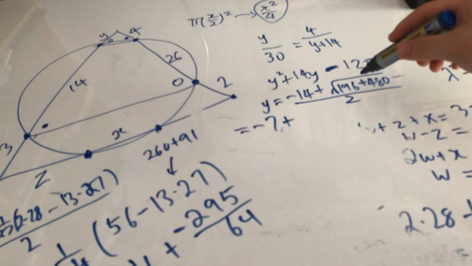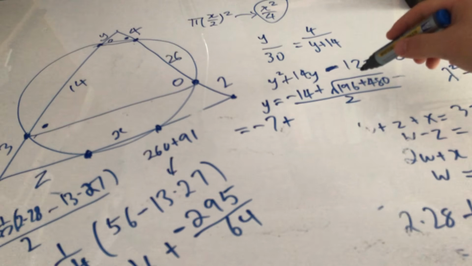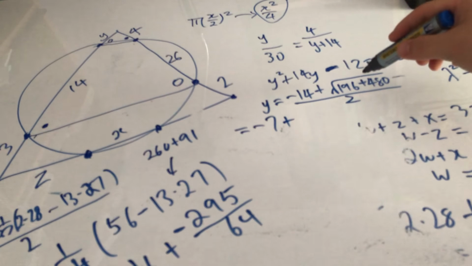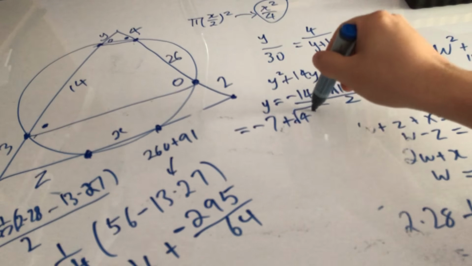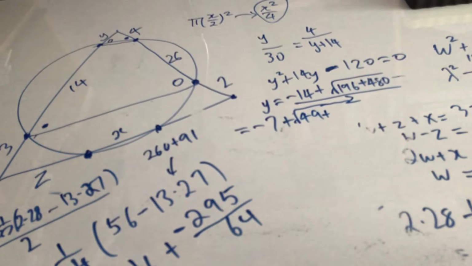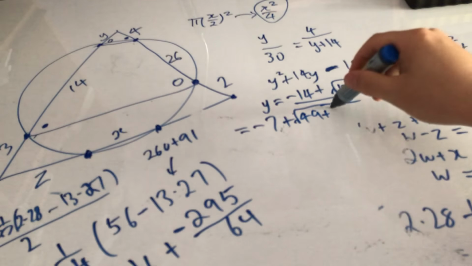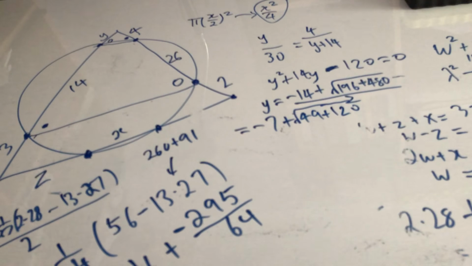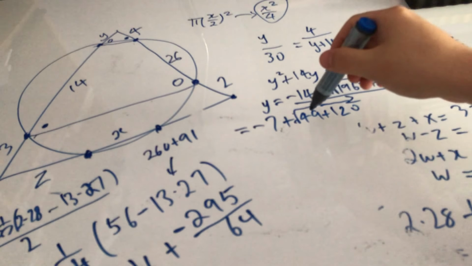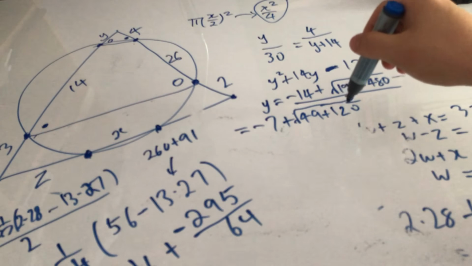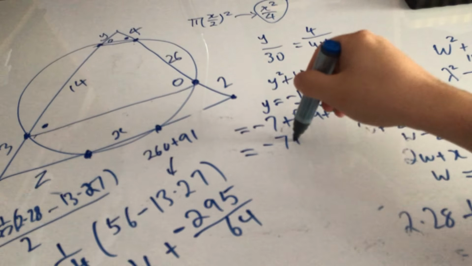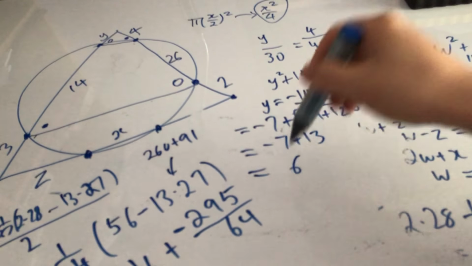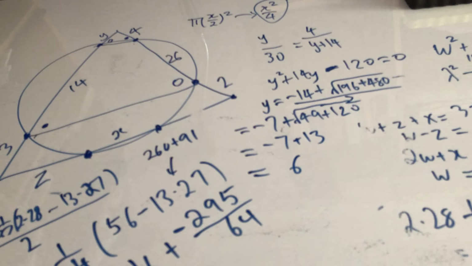So 196 is basically 200, 200 divided by 4 is 50, so 196 becomes 49. And 480 becomes 120. So that's 169, which is the square root of 13 squared. So it equals 6, not 5.